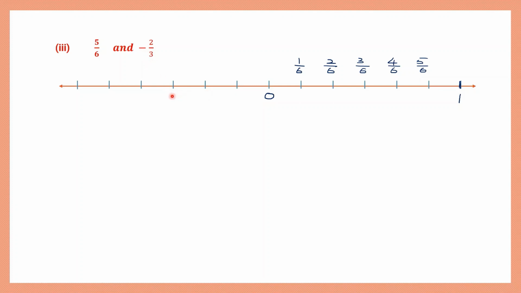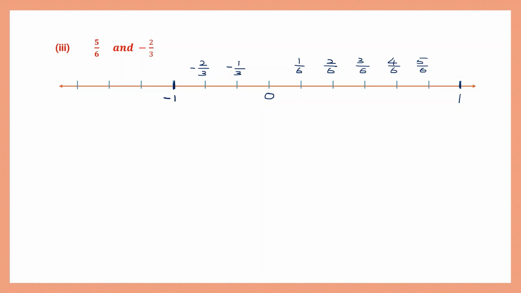So here we will write minus 1. So let's do that. So this is the part where we have minus 1. Now each part is a fraction. So this is minus 1 by 3 because we've divided it into 3 parts. The next one will be minus 2 by 3. And then minus 3 by 3 is minus 1.